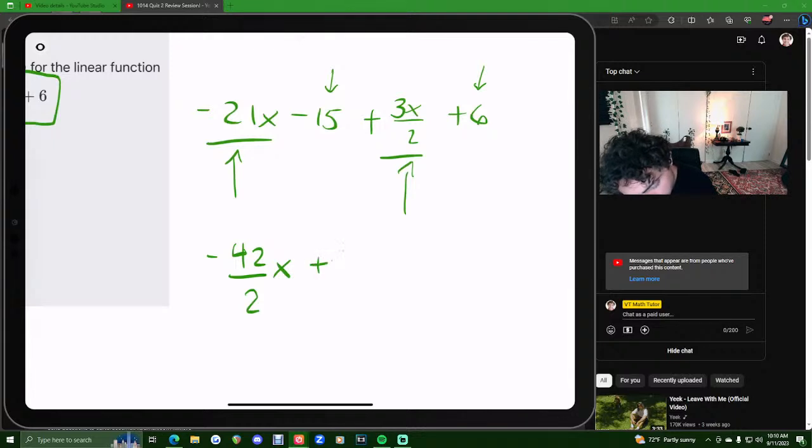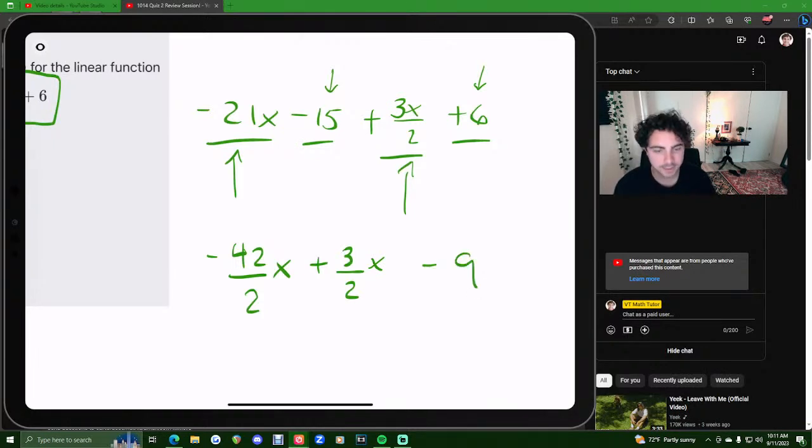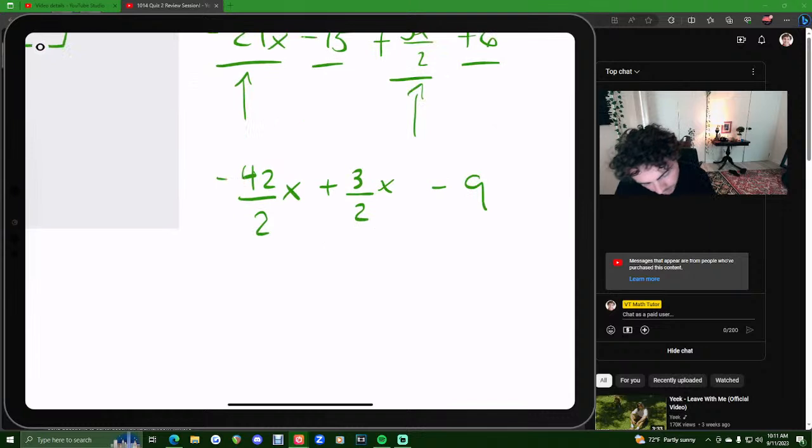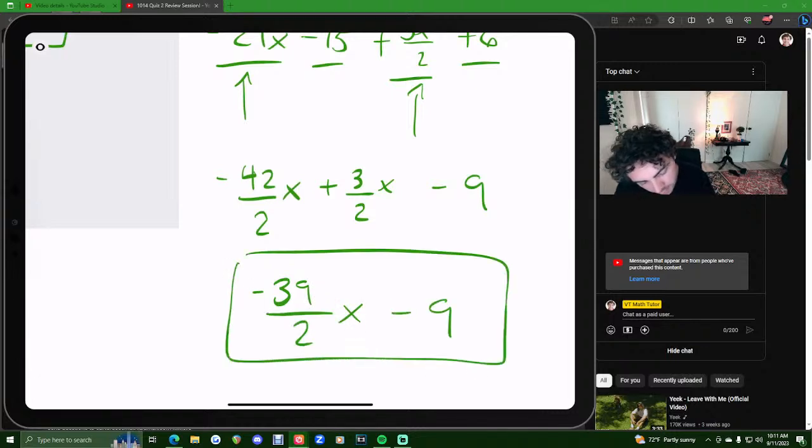Now we can combine the 3 over 2 x, and then I'll go ahead and say that negative 15 plus 6, what is that? That's negative 9. So we have minus 9 on the end there. Now we combine the fractions. Negative 42 plus 3 is negative 39. We leave it over 2, we leave the x, we subtract the 9, and that's what we're looking for.